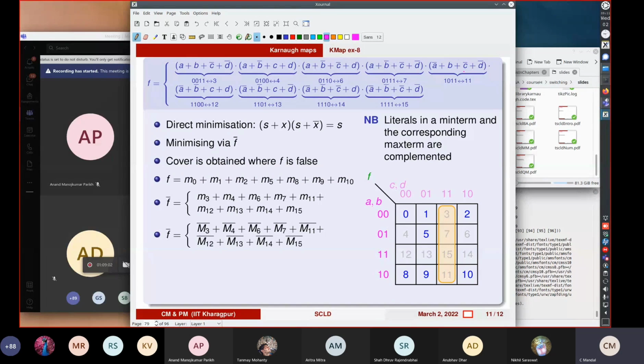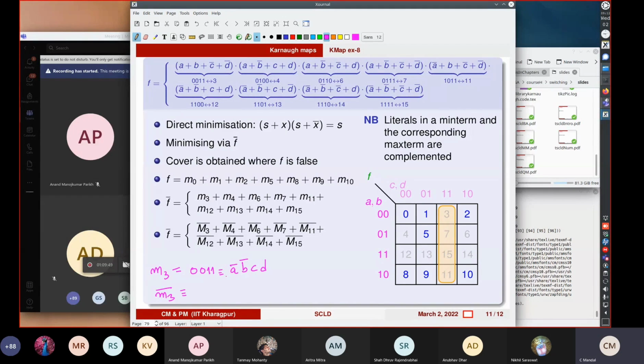Let us take one example. What is M3? M3 is 0, 0, 1, 1, corresponding to A bar, B bar, C D. What is M3 bar?